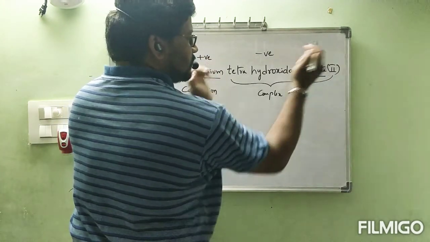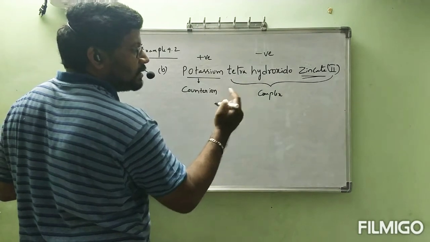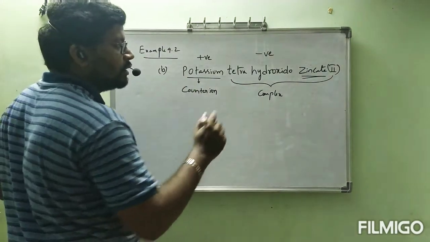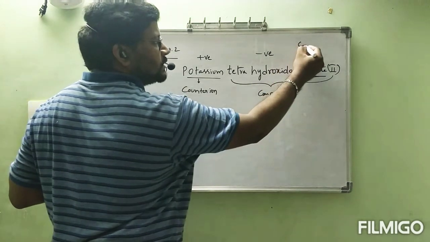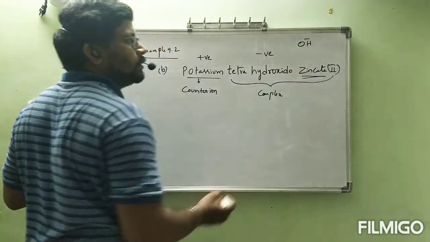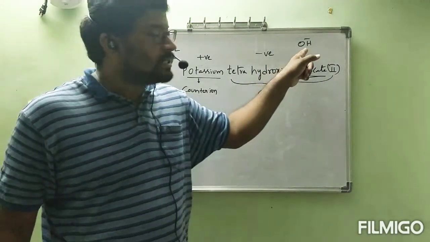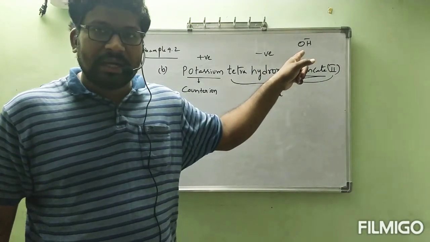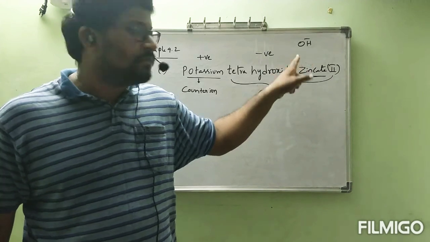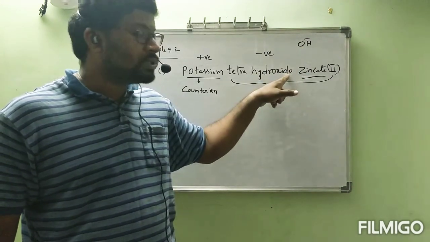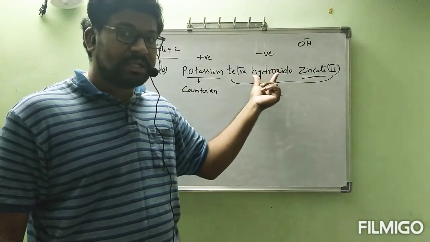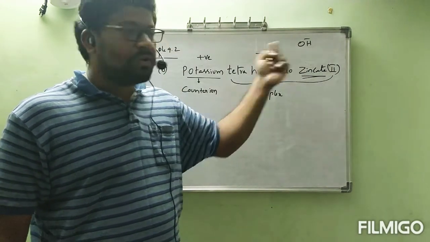This is the complex. Now, tetra means 4. Hydroxido means OH minus. See, what is this ligand? Negative ligand. A negative ligand name must end with O. So by that we can understand this is hydroxy, then it is OH minus.